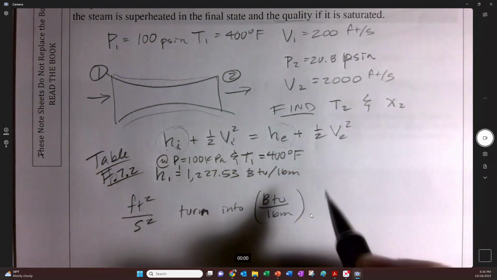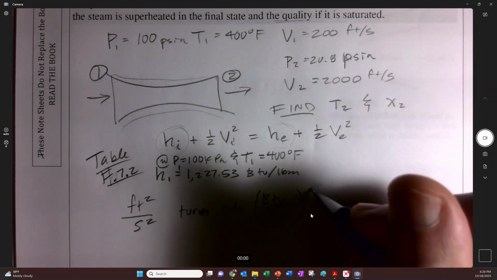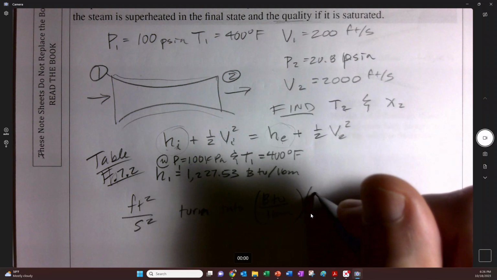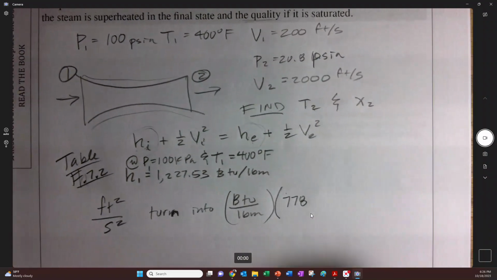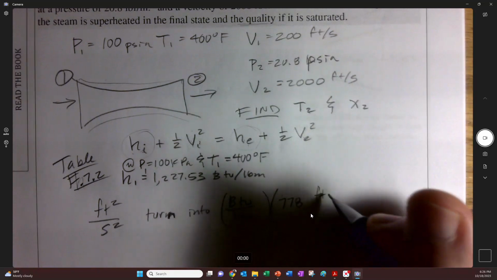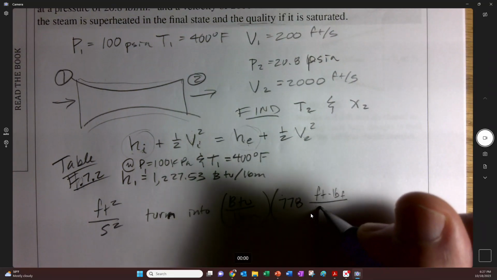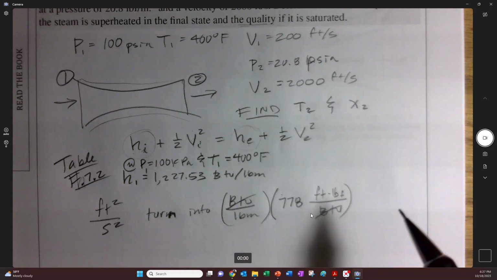Well, if we want to change to something out of BTUs, we want to use what's called the mechanical equivalent of heat. So we use 778, and I don't use the 0.17 in there because that's silly, foot pounds force per BTU, right? So now we got rid of BTU. That's great.